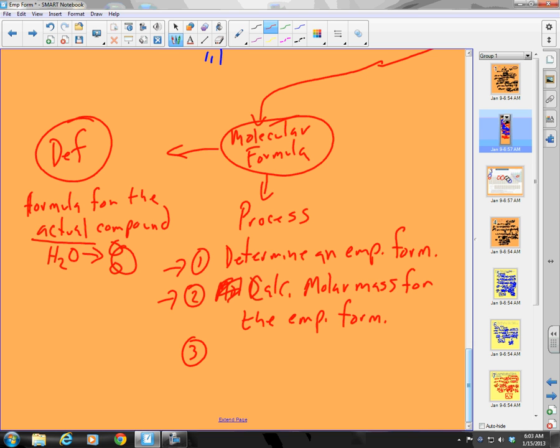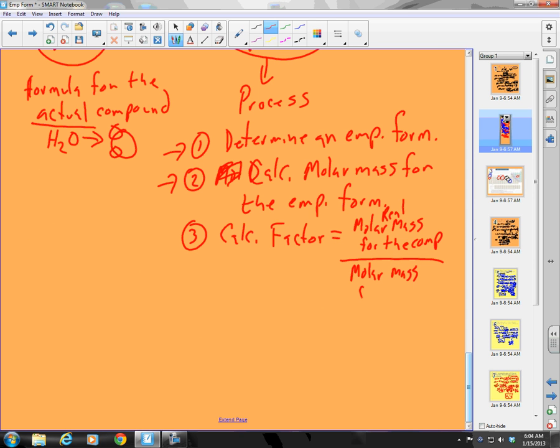Number 3, we're going to calculate a factor. And what is this factor equal to? This factor is equal to the molar mass for the compound, the real molar mass for the compound, divided by the molar mass for the empirical formula.